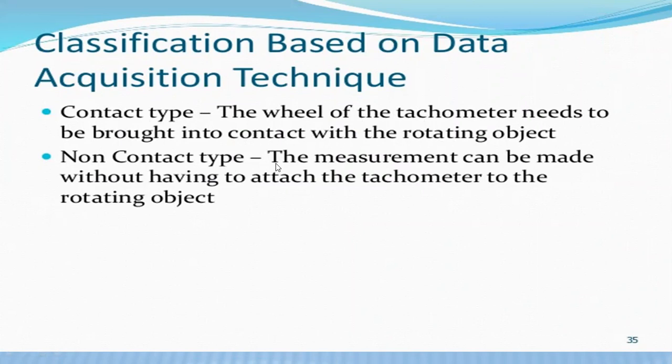In the non-contacting type, the measurement can be made without having to attach the tachometer to the rotating object. So in the contact type, the device is in contact with the rotating shaft. In the non-contact type, the device does not contact the rotating shaft.